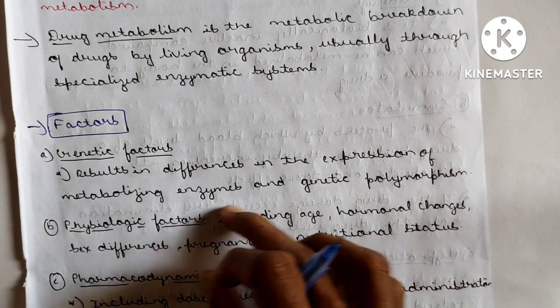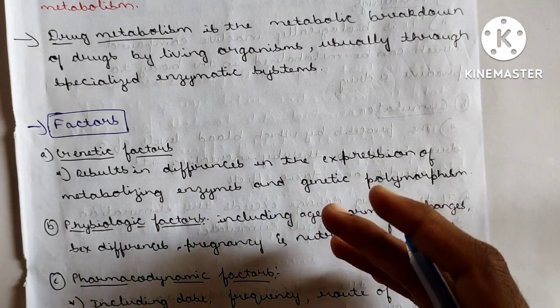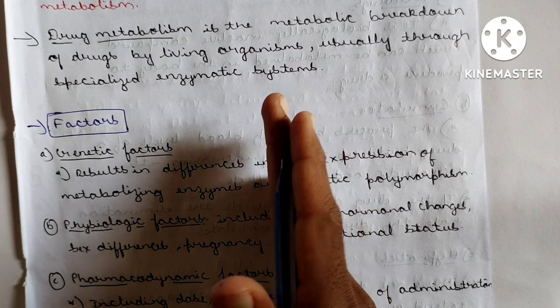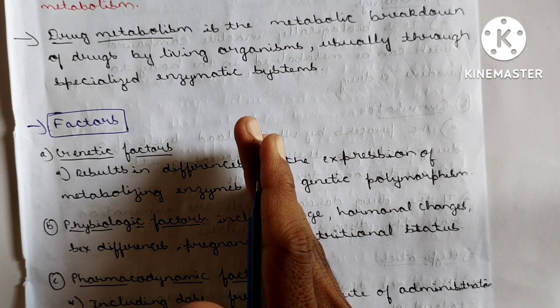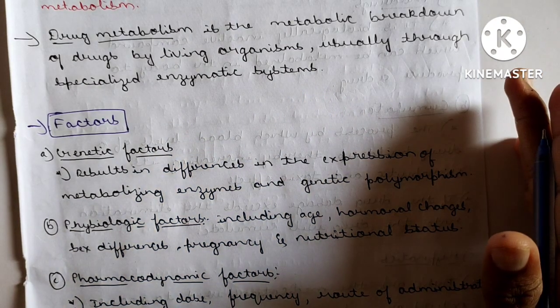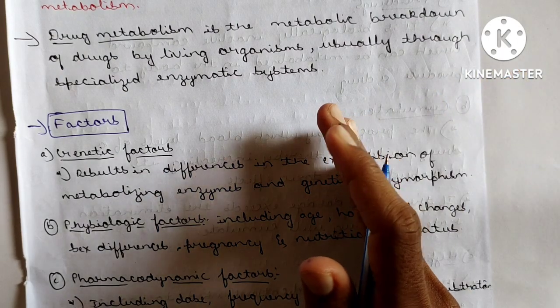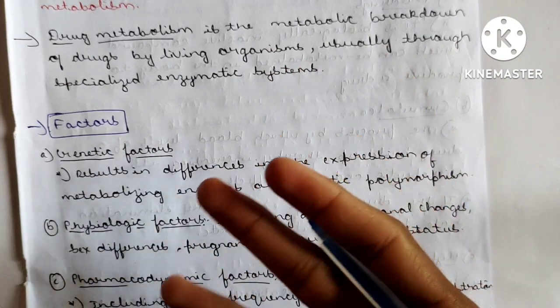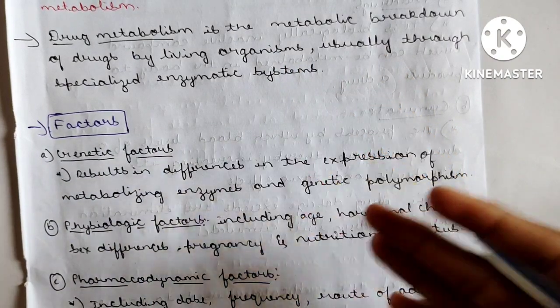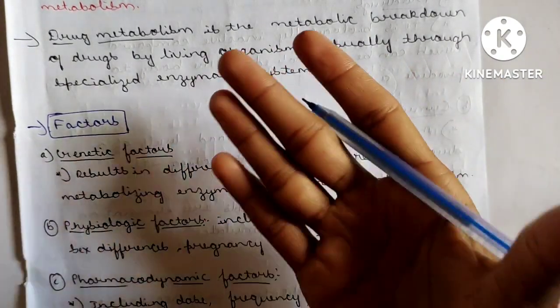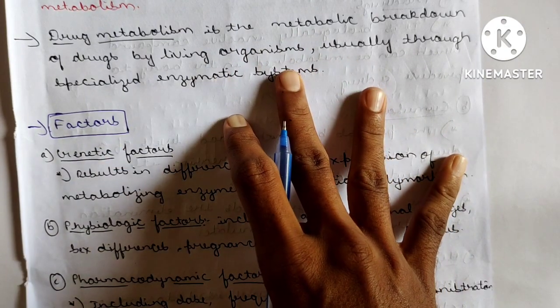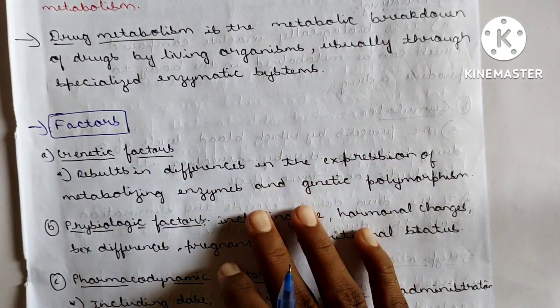For an example, see, a 20-year-old person when compared with a 65-year-old person, there is a lot of difference. In the 20-year-old person, what happens? Enzymatic reaction, drug absorption, drug quality will be more. But in the 65-year-old person, what happens? The drug absorption capacity and drug metabolism is decreased.